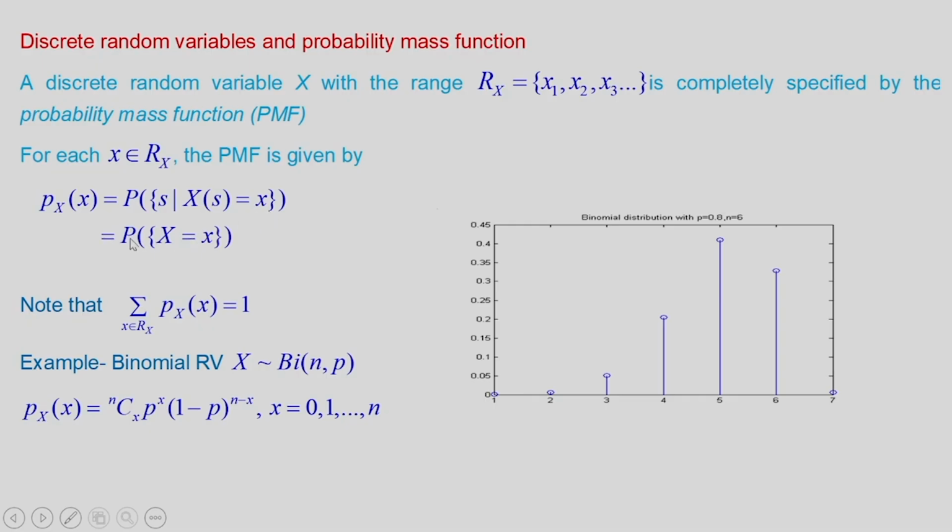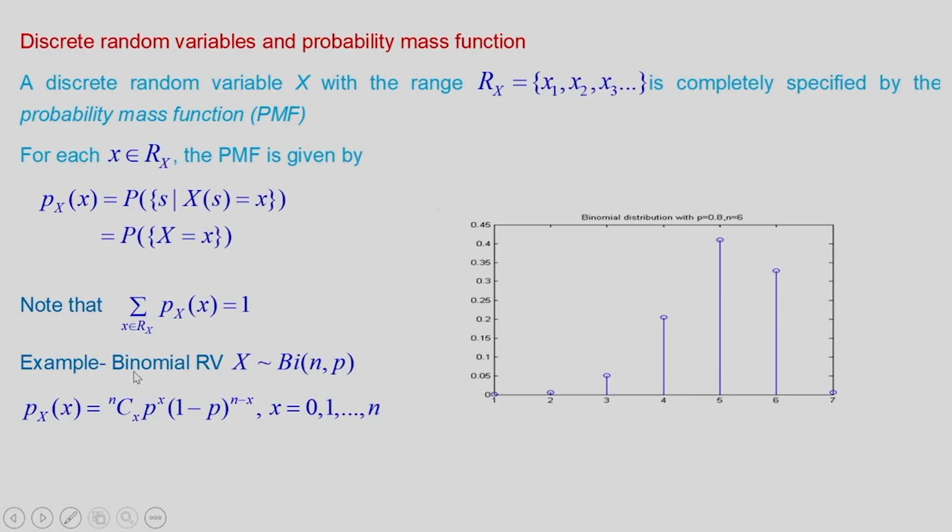We write it in simple notation as probability that X is equal to small x. Since probability mass represents a probability function, clearly summation of px of x over x belonging to Rx is equal to 1. If we sum up all the probability mass function, this sum must be equal to 1.